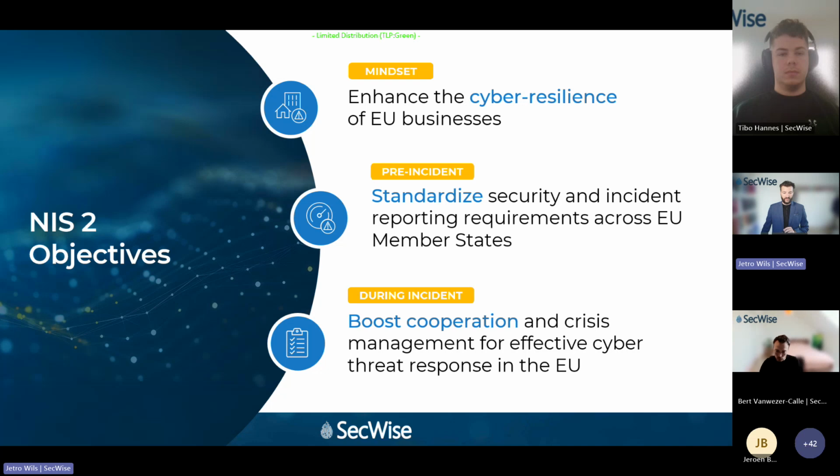Also, on the second objective, we want to standardize these security incident reporting across member states, right? So that each member state reports incidents in a similar way with a similar terminology, the same vocabulary, right? Because in the past, it was all scattered and it was not streamlined. And third, very important from a European perspective, Europe wants to boost cooperation and crisis management, right?